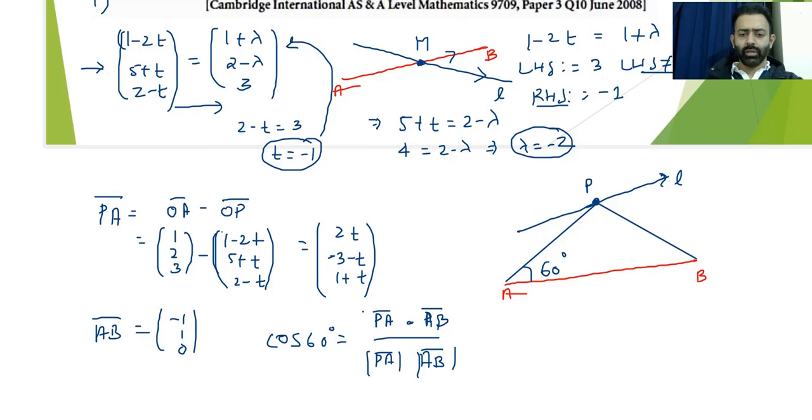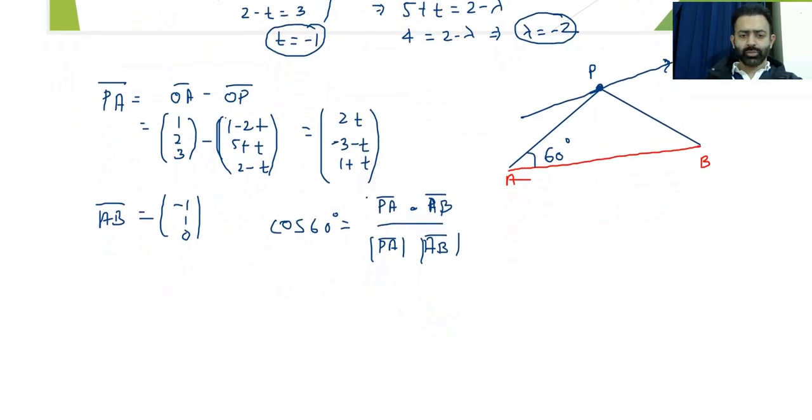Let us put the value of cos 60, which is half, equal to PA dot AB. PA is 2t, minus 3 minus t, 1 plus t, and AB is 1, minus 1, 0. If you take the dot product, you will get minus 2t, minus 3 minus t into 1 is minus 3 minus t, and this is 0.